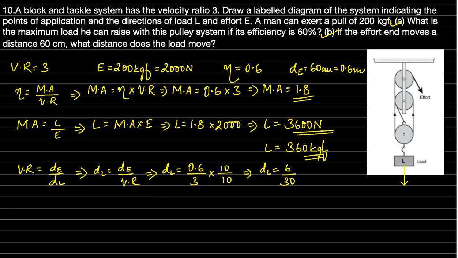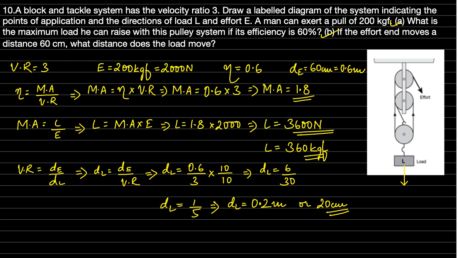So dL can be written as 1 divided by 5, or dL happens to be 0.2 meters, or we can write it as 20 centimeters. So this completes the B part of the question.